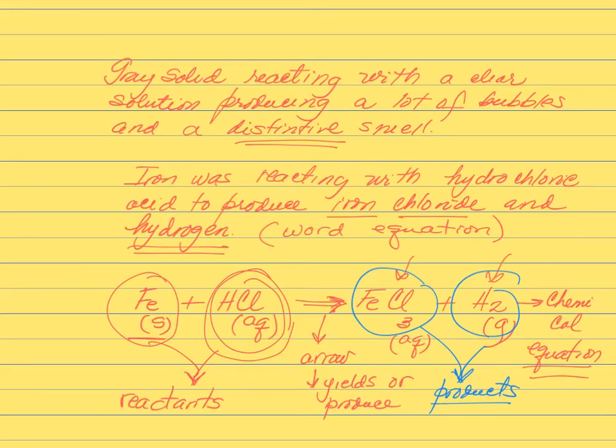Now, chemical reactions can be classified according to the product they form or according to the energy that is involved. Javier, you were touching the bottom of the test tube. How was the temperature there? Warm. What does that mean?